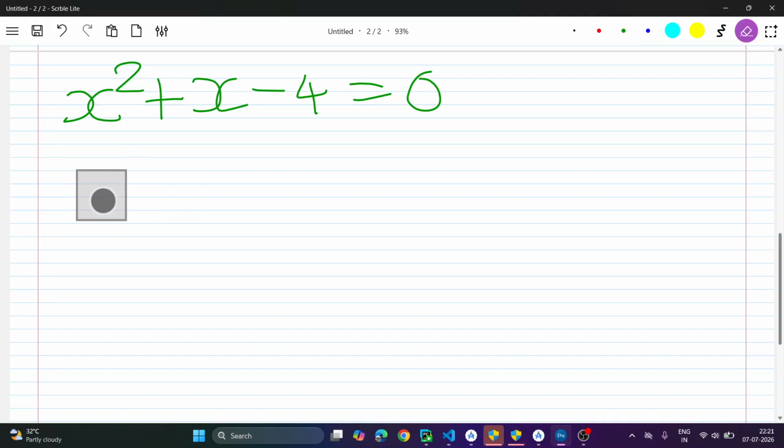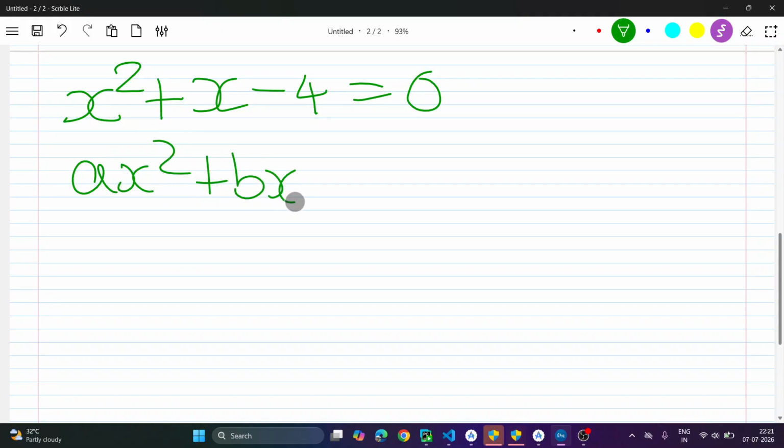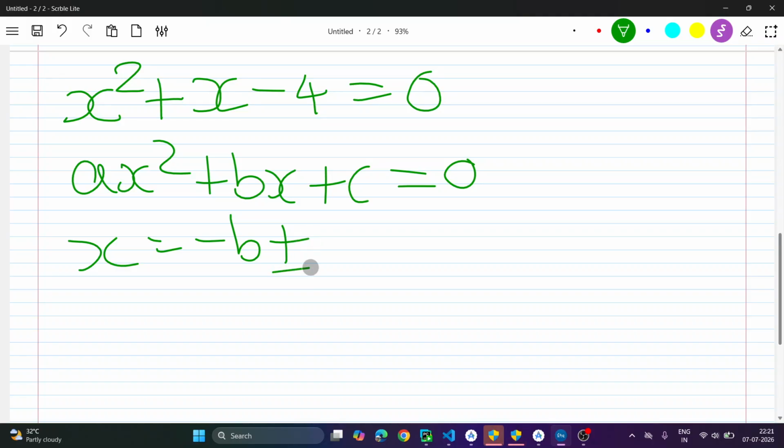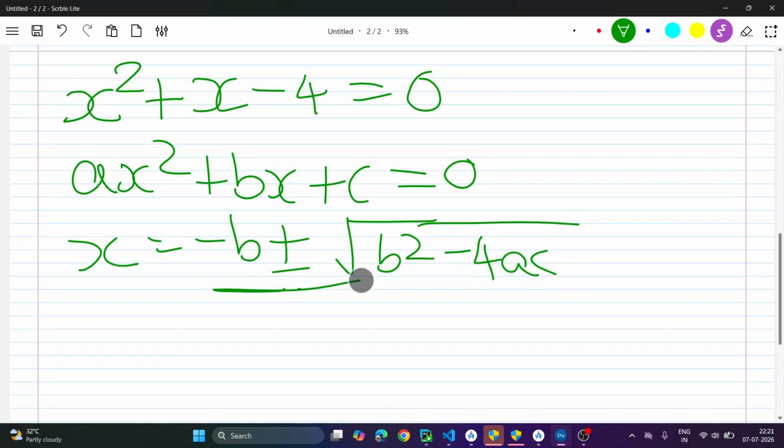If the equation is ax squared plus bx plus c equals 0, then x equals minus b plus or minus the square root of b squared minus 4ac, all over 2a.